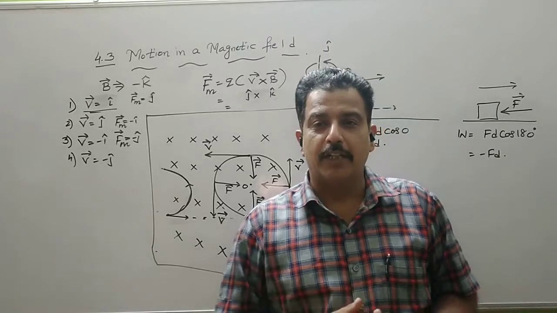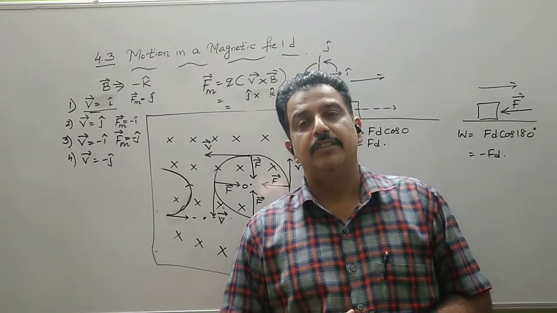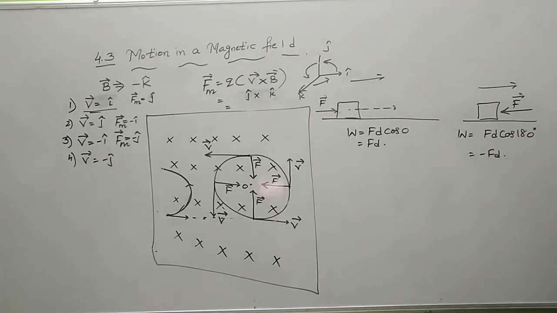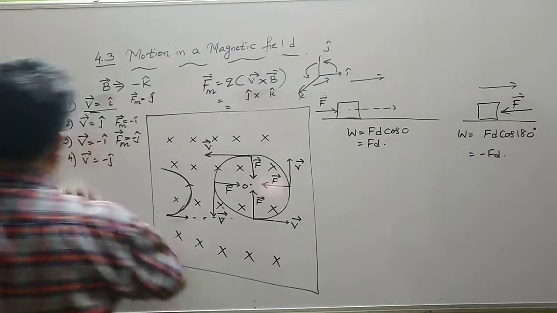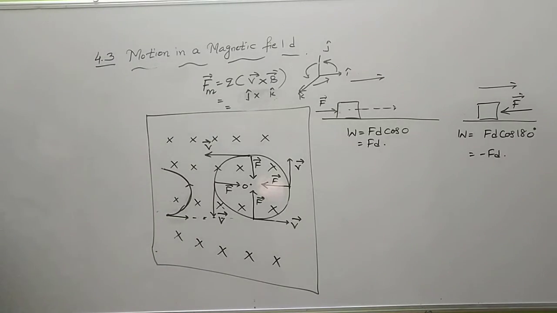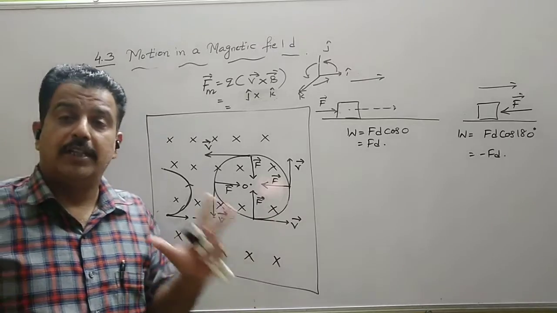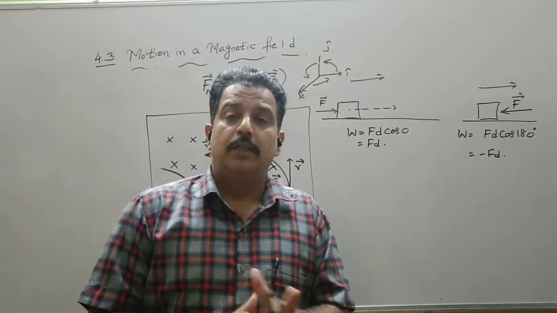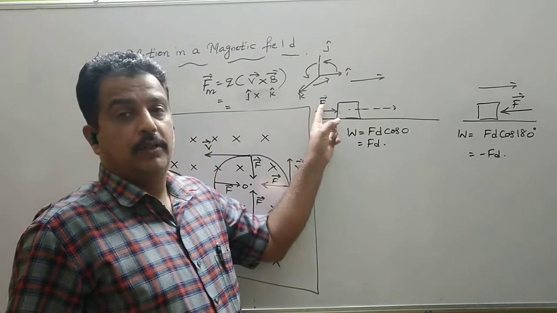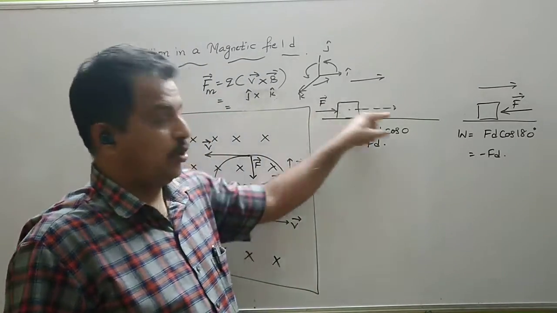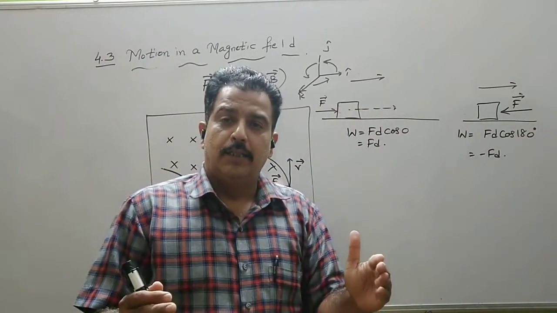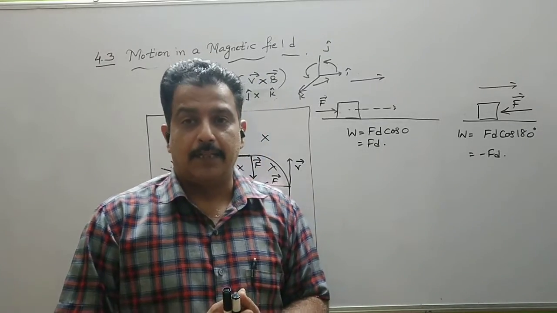And what about the work done on a charged particle? Work done is zero. So this is the conclusion, where we found that whenever a charged particle enters perpendicular to the magnetic field, there is no transfer of energy because no work is done. You have to remember, the work is done only when the force or the component of force is in the direction of the motion, or it is opposite, or it makes any angle theta.